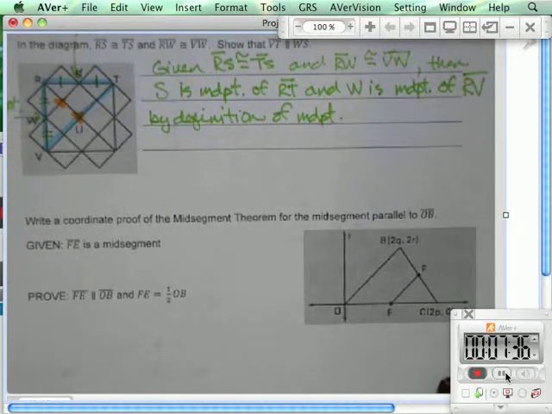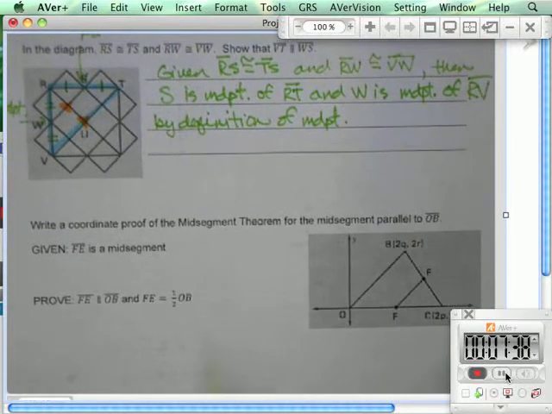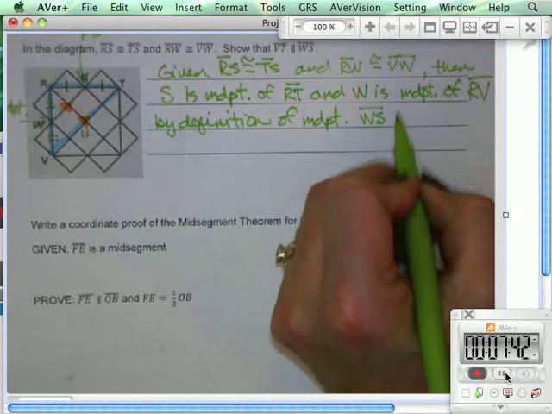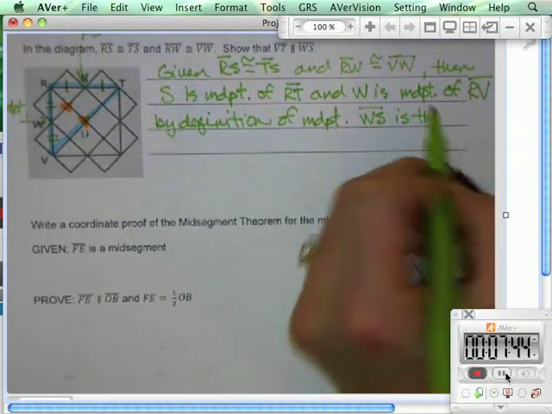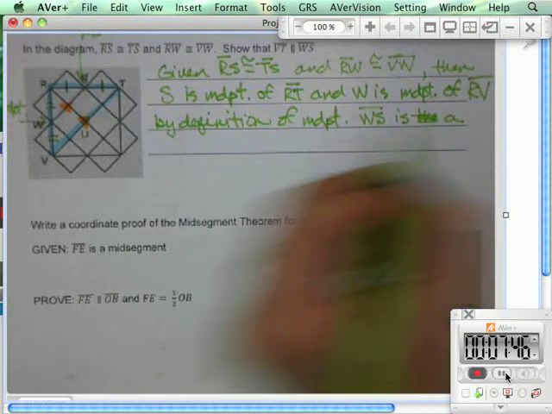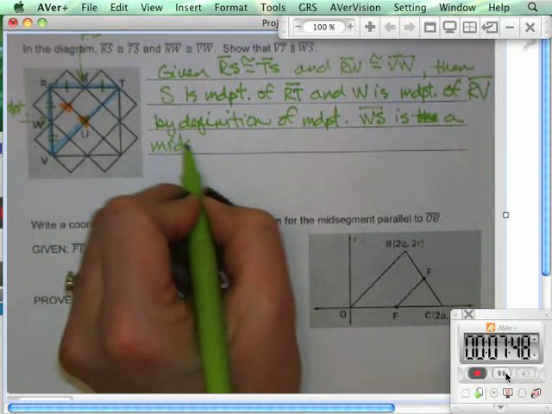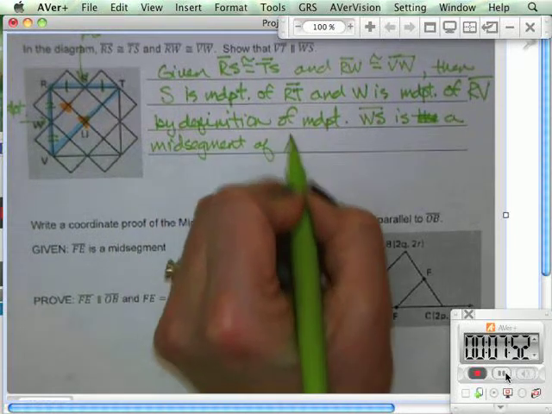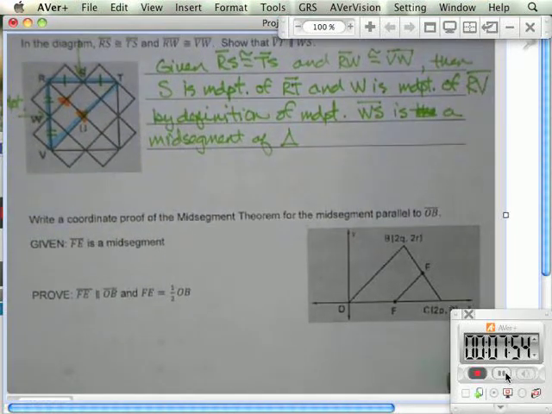Okay, so if that's true, then I could say that WS is a mid-segment of triangle RTV.